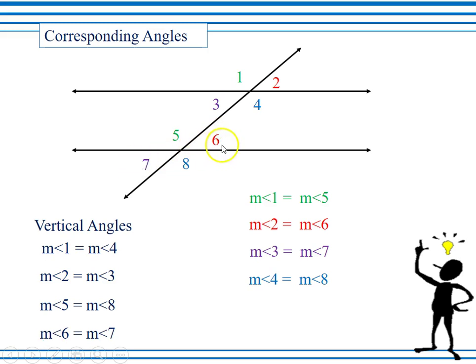The opposite angles measure the same because they're vertical angles. So over here, I know that angles 1, 5, 4, and 8 are the same. And angles 2, 6, 3, and 7 are the same.